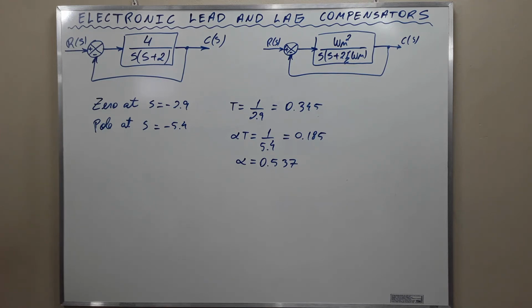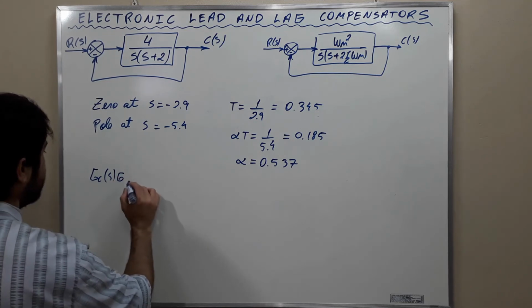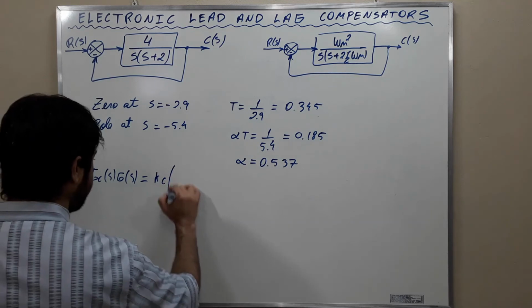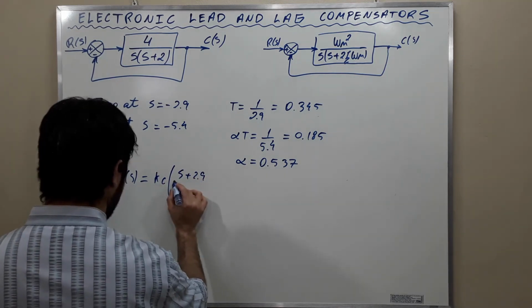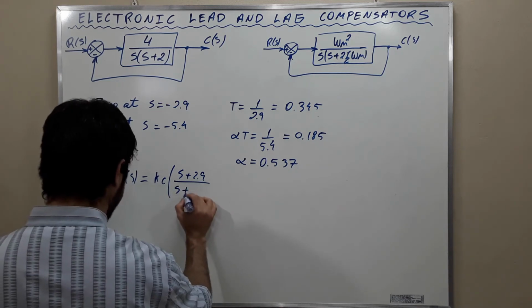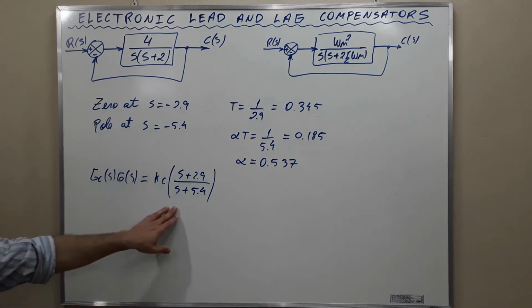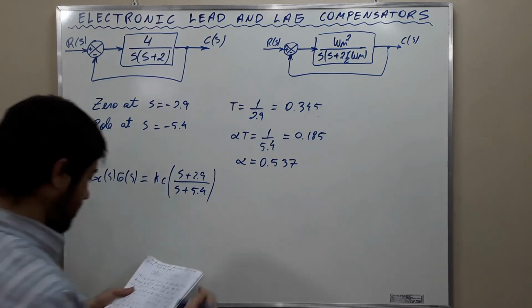The open loop transfer function of the compensated system then becomes Gc(s) times G(s) equal to Kc (s + 2.9) over (s + 5.4). This is the compensator, and this is the plant.